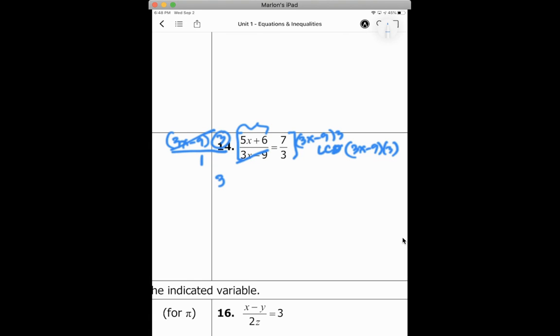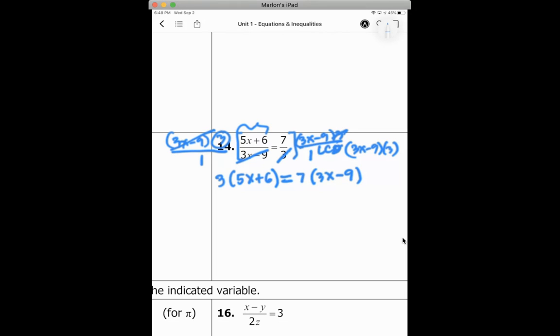So 3 times 5x plus 6 equals, of course, this will be 3 over 1, right? 3x minus 9 times 3 over 1. This cancels the 3. So what is left is 7 times 3x minus 9.